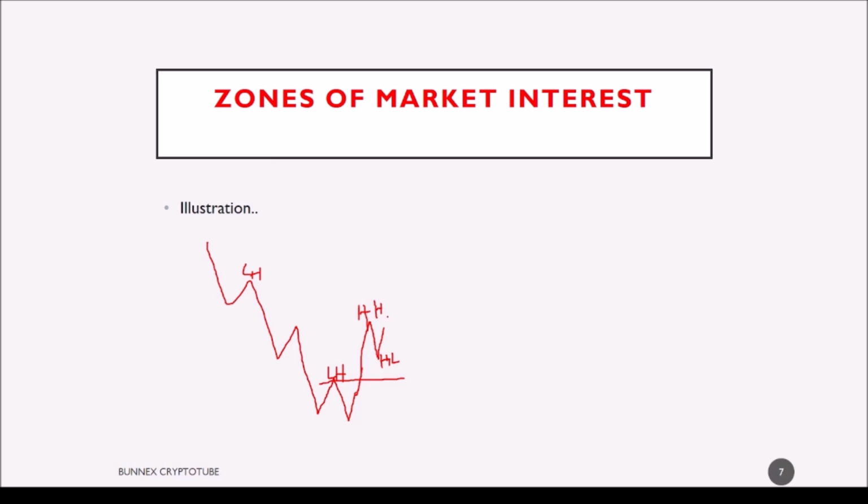Creation of the higher high, and then creation of the higher low, are the three things that we need to see for us to say the market is now in a new trend. In this case, it is now in an upward trend. So our point or our zone of market interest will be at the level of the new higher high. That is where we are expecting to participate and get into the market.